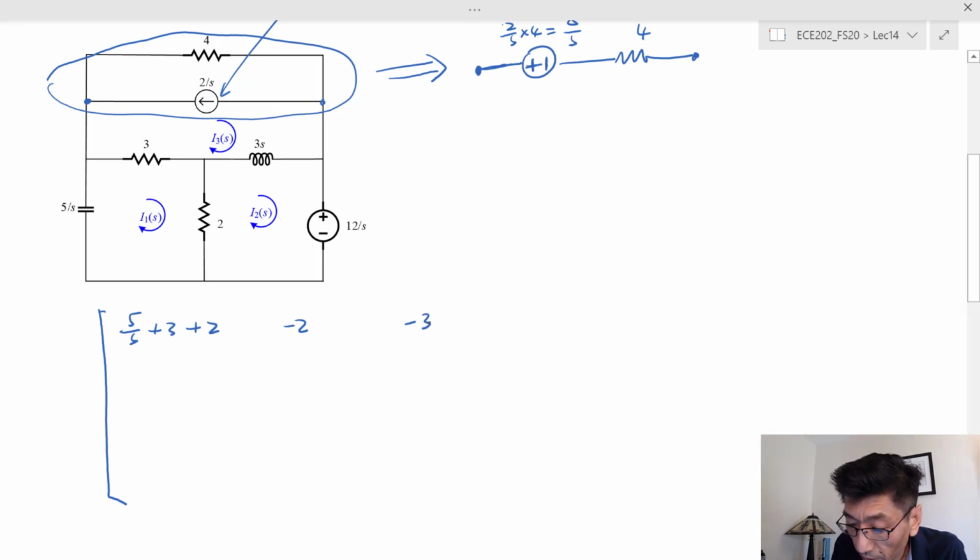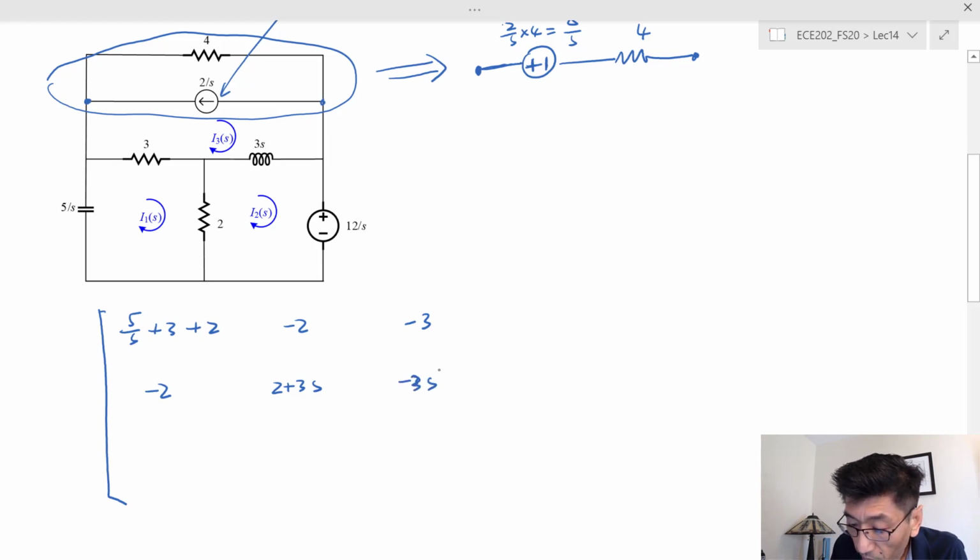And for mesh number 2, we have 2 elements. By the way, they are symmetric, right? So we have 2 plus 3s, and between mesh 2 and mesh 3, that's a negative 3s.